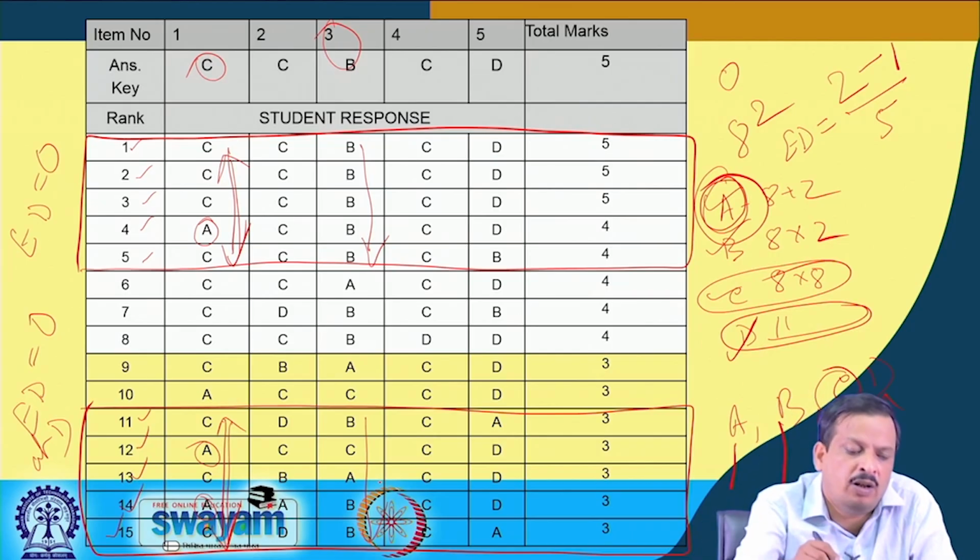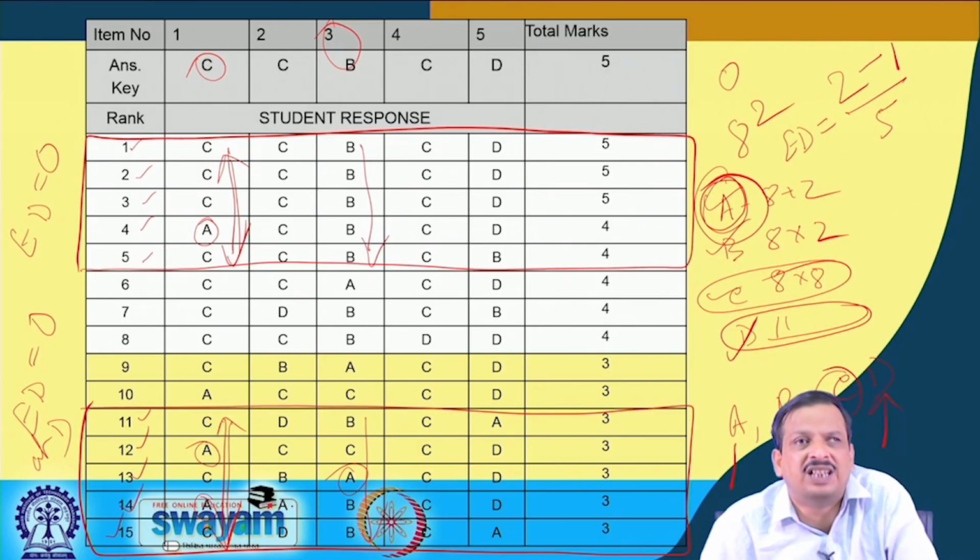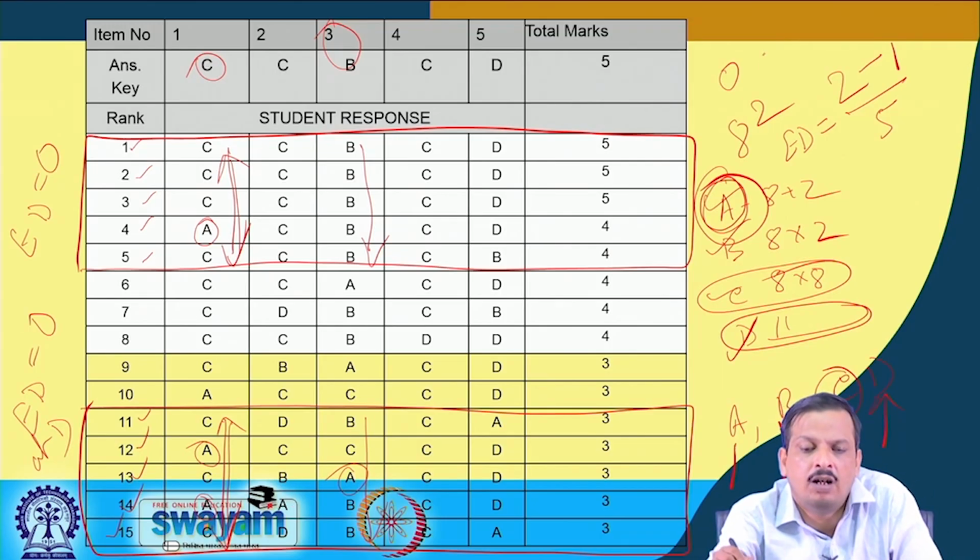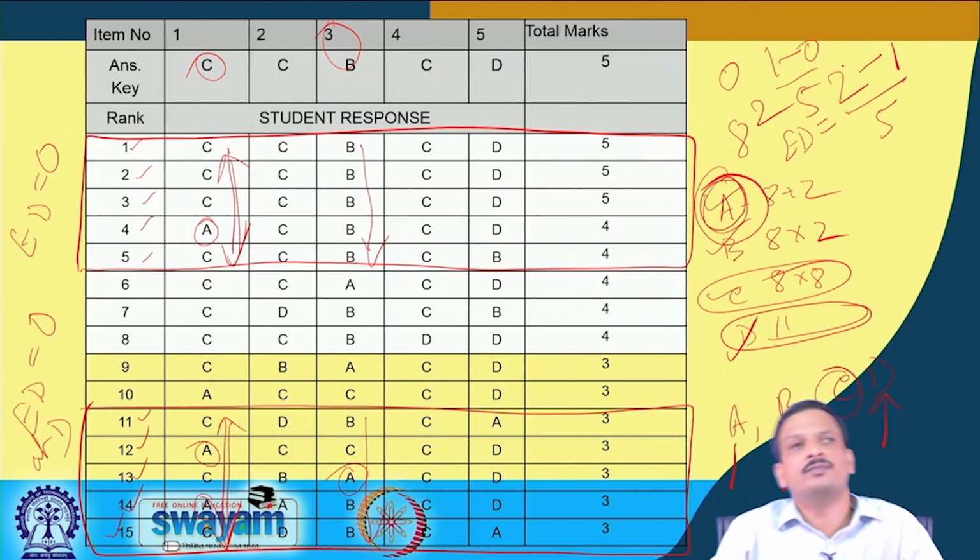If I ask what is the distraction capability of A: 1 student chose A in the lower group, nobody chose A in the upper group. So, 1 minus 0 by 5, 1 by 5. Clear? ED may be negative also.